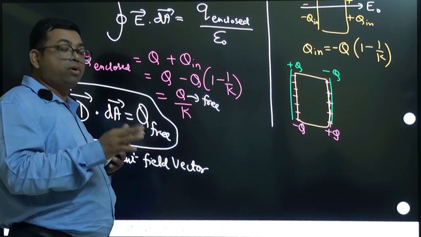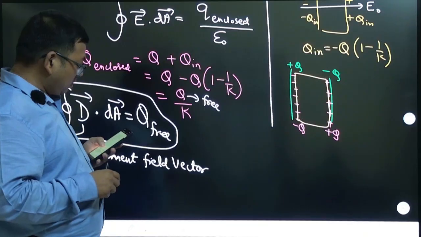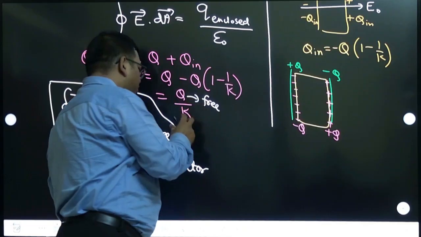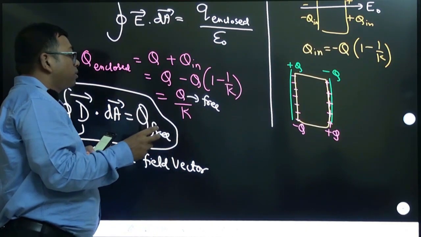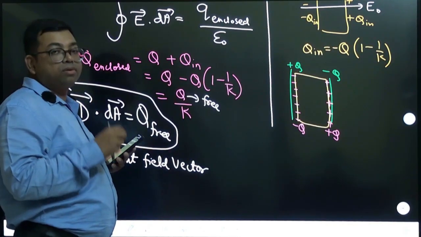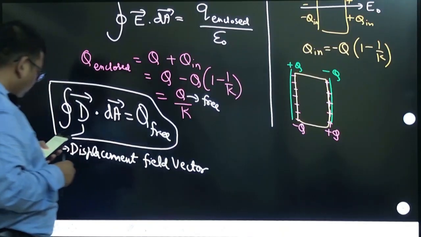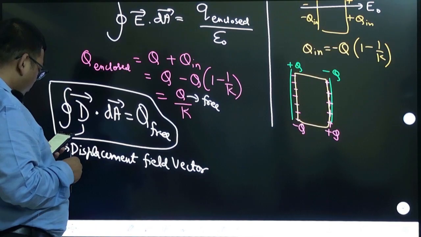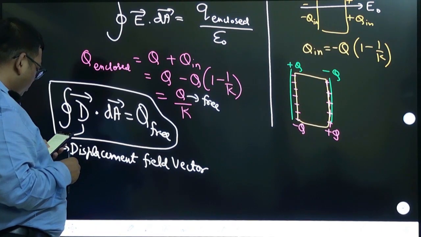That itself is wrong. So the first is not correct. The electric flux through a closed surface depends only on the free charge enclosed.